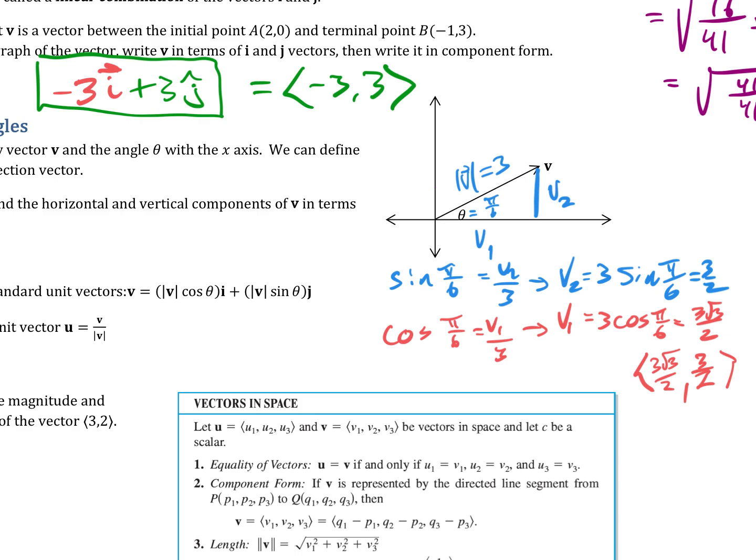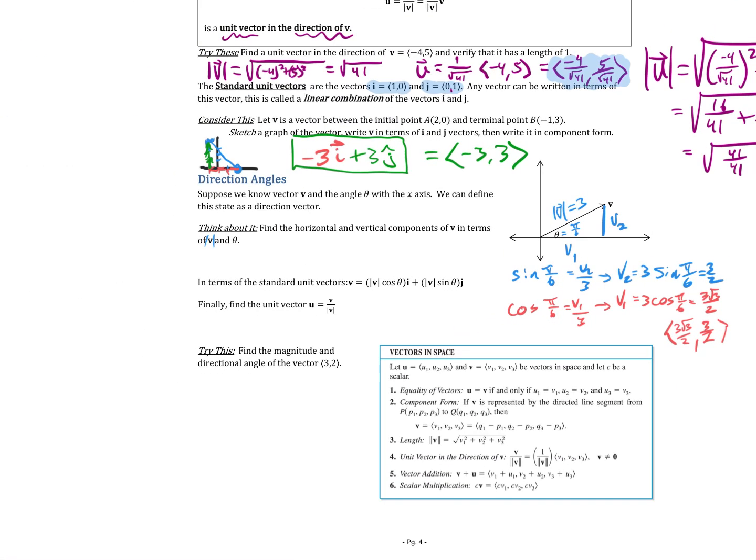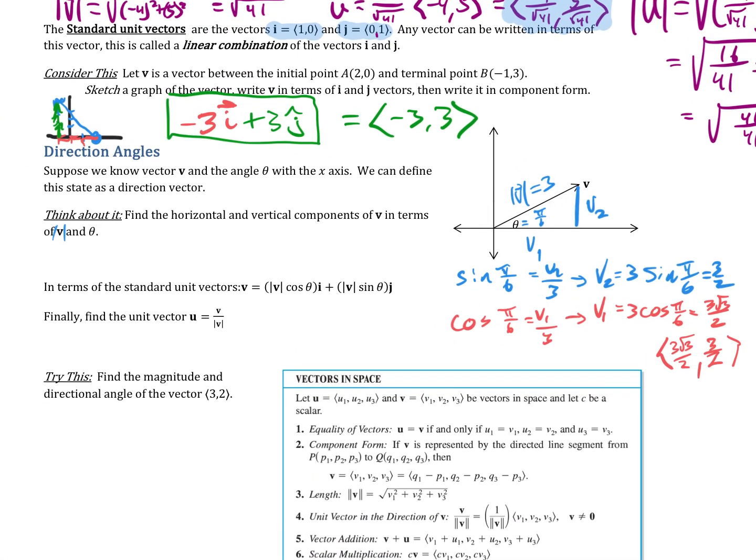All right, so to generalize that, what did we just do there? For the first component, we made it cosine, right? So V1 was just the magnitude of V times the cosine of the angle, and V2 is the magnitude of V times the sine of the angle. That should look familiar, because this is really just an x and a y.